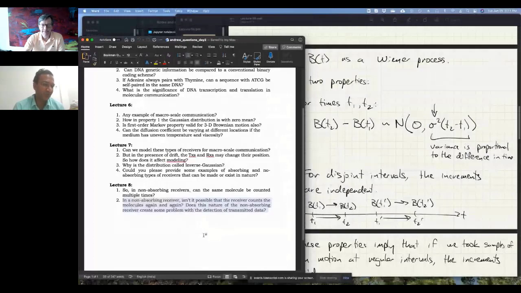Would you want to respond, or we can skip the question? I think we've gone over this in some detail, but just to emphasize, the reason why absorbing receivers are very nice and clean and simple to analyze is because of the Markov property. Once you observe a molecule at the boundary, you have all of the information you need about its prior propagation. The trouble with non-absorbing receivers is that you can't tell when you've seen them previously.